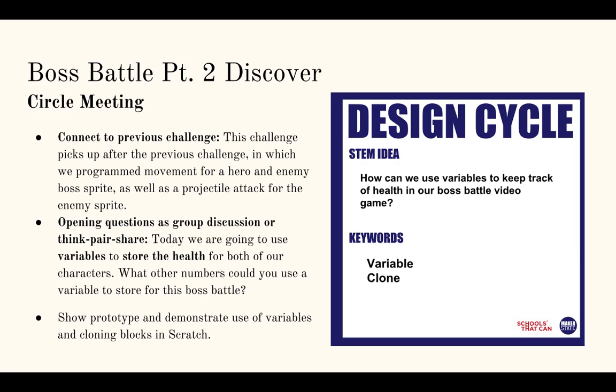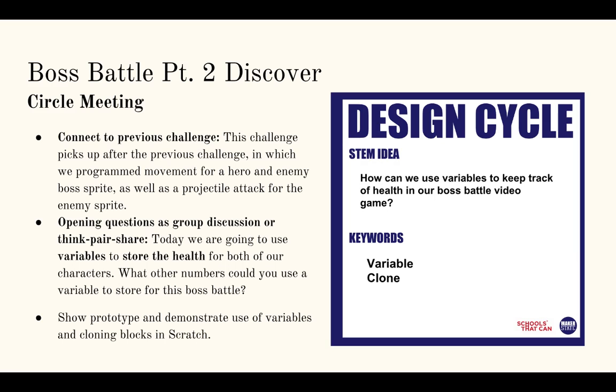Okay, so see what sorts of ideas your students might have about what other variables will be stored in a project like this. And maybe you'd want to store something like the speed of your sprites. Maybe the enemy sprite will get faster as it receives more damage and harder to defeat. So you can store the speed as a variable, or you could store the damage delivered by one of your attacks.